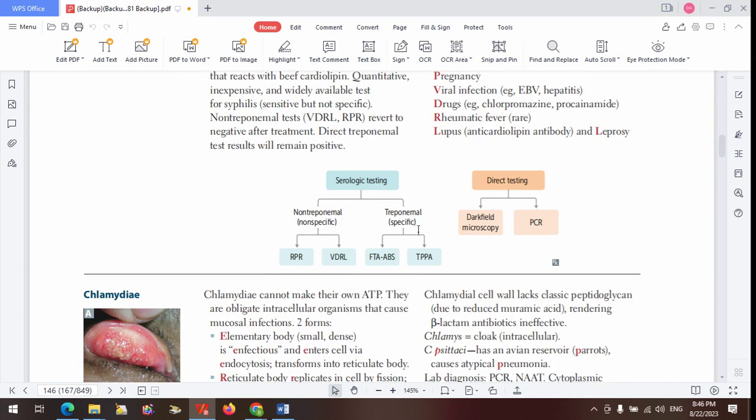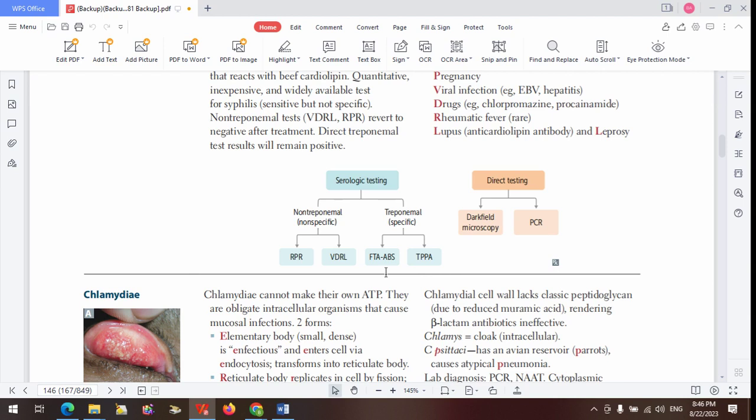The treponema-specific test, that one too, we are using antibody, but the difference is that for the non-treponemal one, we are using only the beef cardiolipin as the antigen source. Here, the antigen source is the whole organism of the syphilis.